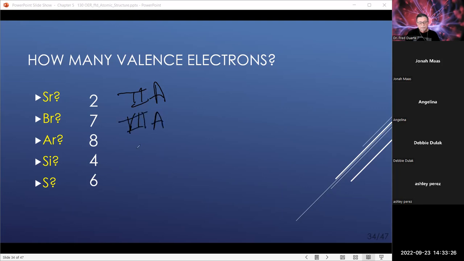Argon, which is a noble gas, is in group 8A, and silicon is in group 4A, Roman numeral 4, and then finally the last one, sulfur, is in group 6A, Roman numeral 6. So it's not necessary to memorize those numbers specifically. All you've got to do is find them on the periodic table, and then find what group they're in.